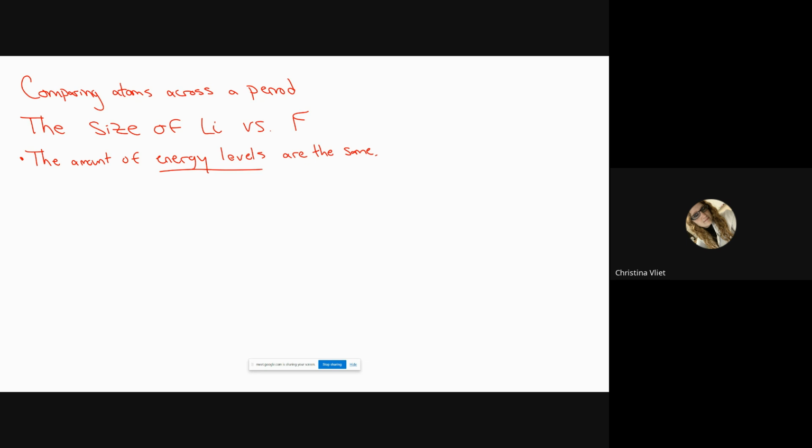Why would that possibly be so? What would be the factor? Anybody have an idea? So if we look at lithium, I'm going to put lithium at the bottom here, and fluorine here. Fluorine is smaller than lithium.